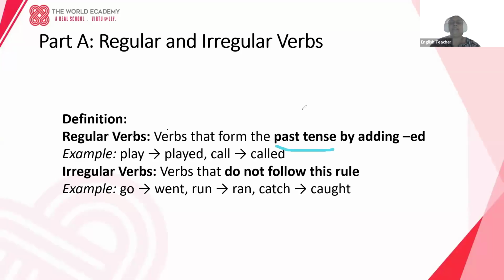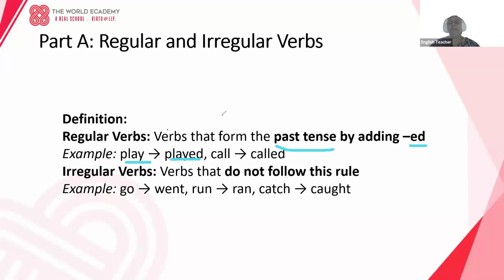It means that we are adding ed. Most past tenses are formed by adding ed to the verb. For example, play. I added ed to it and it became played.